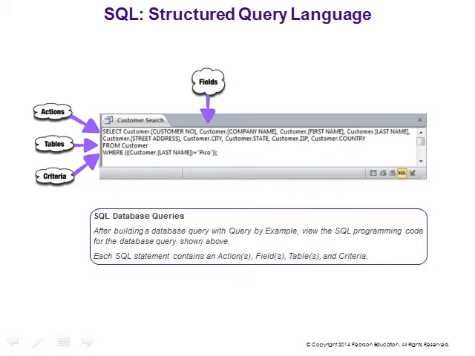And then criteria, the search criteria to search for and retrieve, must be identified. So we have actions, fields, tables, and criteria, and these are the 4 basic parts to the SQL query. Again, this query is created when we click and drag from the prior screen using some more user-friendly query builder tools. So that concludes Chapter 3.